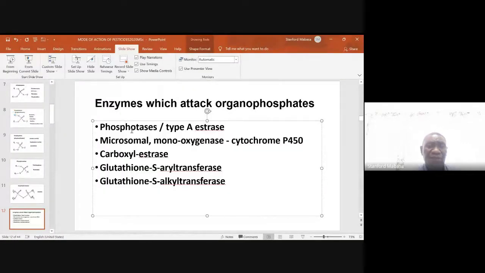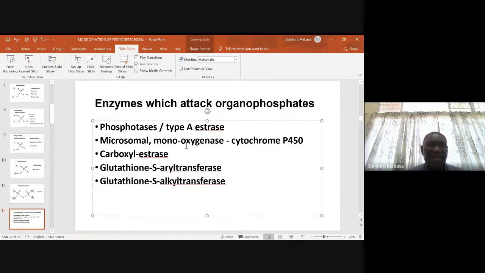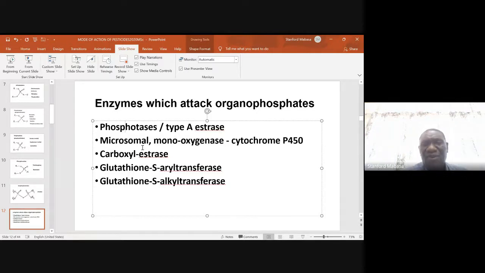So we've got phosphatases or type A esterase. The other enzyme which we have is microsomal monooxygenase or simply cytochrome P450.